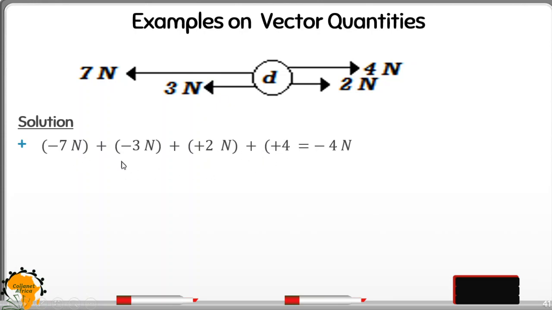Therefore, when you add this, it will become negative 10. Then when you add this, you get positive 6. So when you add them, you'll find that it will give you a final answer of negative 4 Newton. So when you're drawing, remember the negative shows this direction. So it means that the resultant will be towards this direction, 4 Newton.